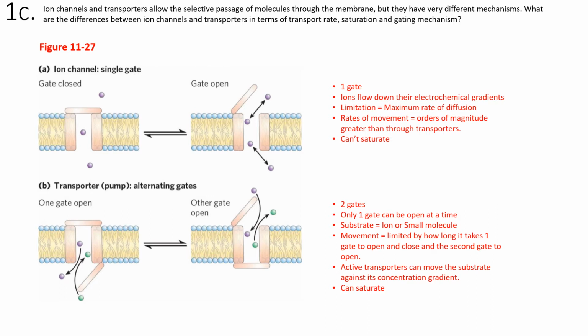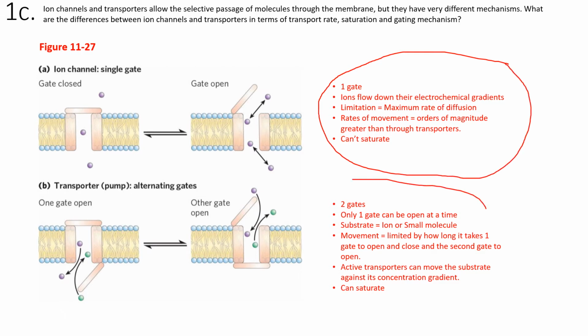Okay, so for this question, figure 11-27 in your book will help you. I also wrote down some information that I found in the paragraphs above and below this figure. So here we have the ion channel has a single gate, and the transporter is a pump, and it has alternating gates.